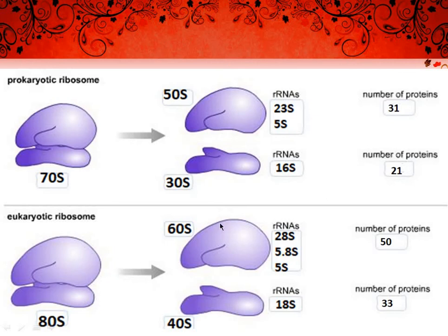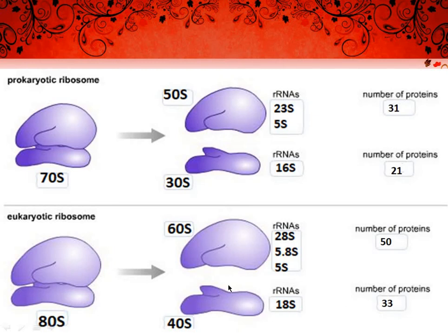Now in eukaryotes, the larger subunit is 60S and the smaller subunit is 40S. The larger subunit is composed of three types of ribosomal RNAs, that is 28S, 5.8S and 5S, and along with 50 different types of proteins forms the larger subunit of the ribosome. The smaller subunit is composed of 18S ribosomal RNA and 33 proteins.